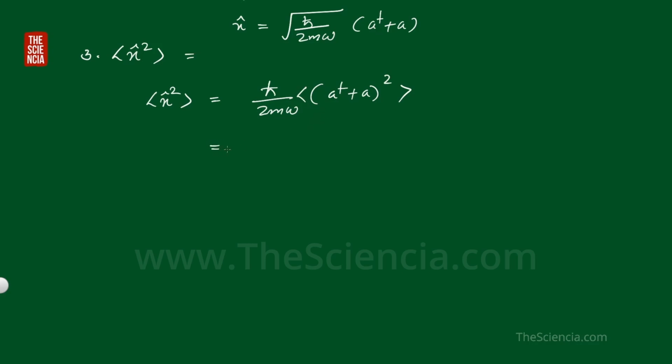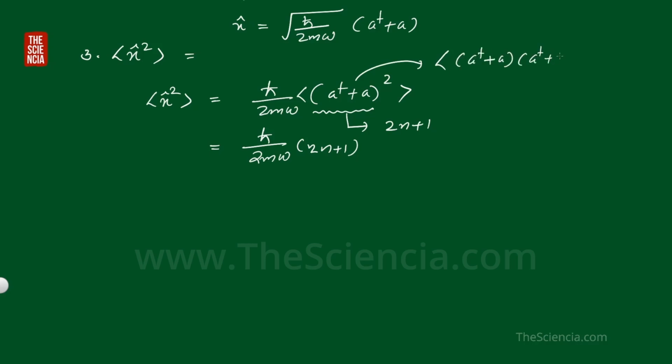Okay, that is equal to h cross by 2m omega, and earlier we solved this problem, right? That is, we know this value is equal to 2n plus 1, that is into 2n plus 1. If you are not remembering this value, just solve. Nothing is there. Find expectation value of a dagger plus a into a dagger plus a. Okay, you have to multiply.